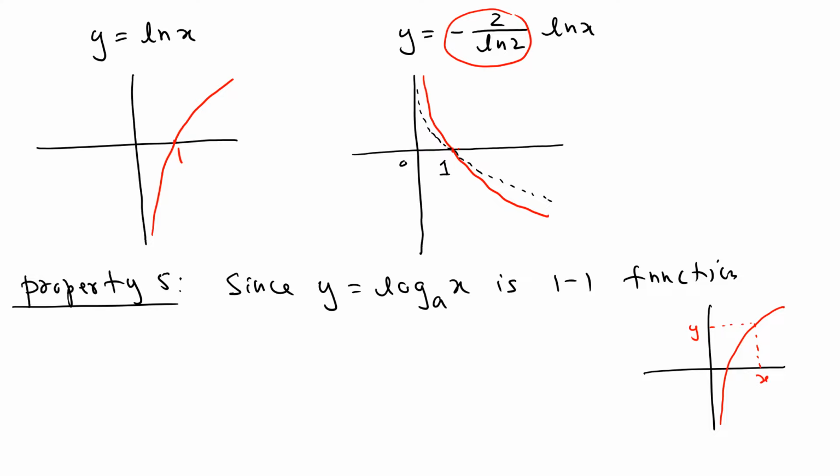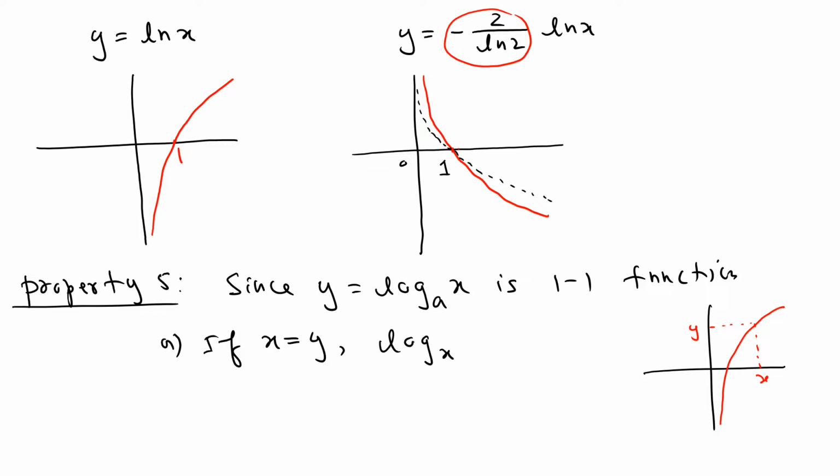That's what one-to-one means, so we can use that to solve problems. The first result is a basic result. It's not because of one-to-one. The first result is if x equals y, then the log of those two should be the same.